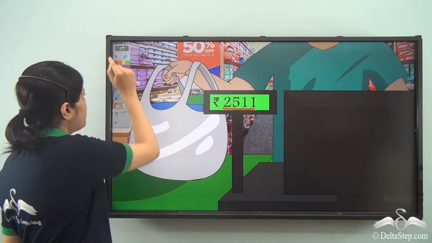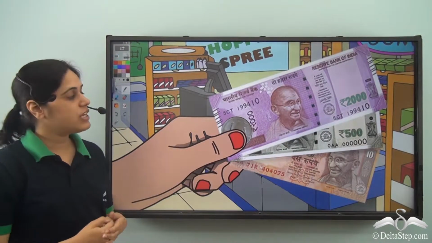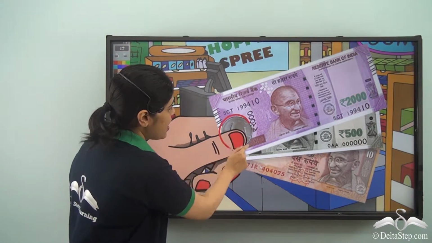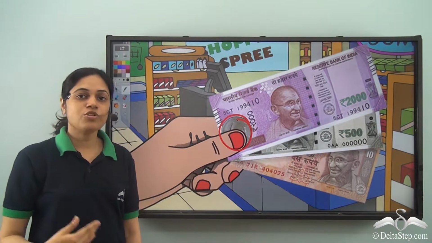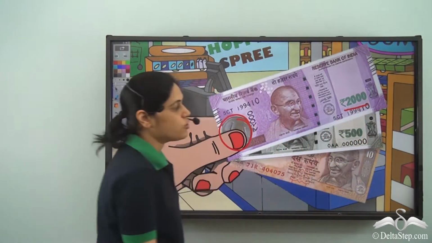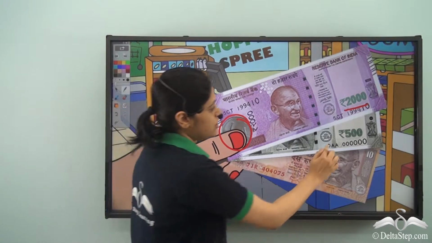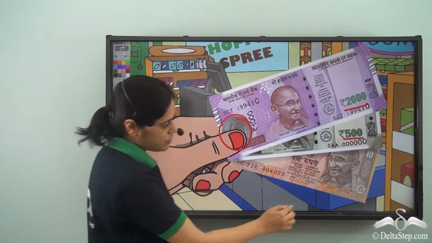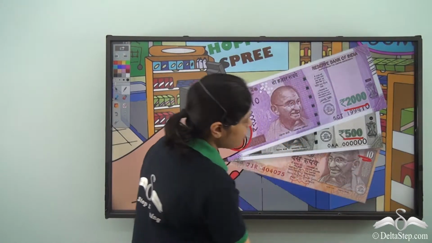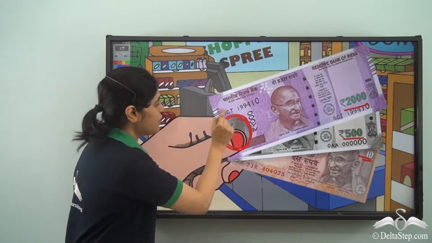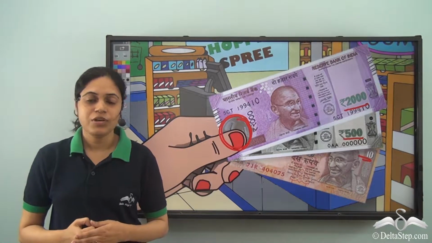Rohan saw his mother giving the shopkeeper these currency notes and this coin. So his mother gave the shopkeeper a currency note of rupees 2000, another one of rupees 500, another one of rupees 10, and a coin of rupee 1.